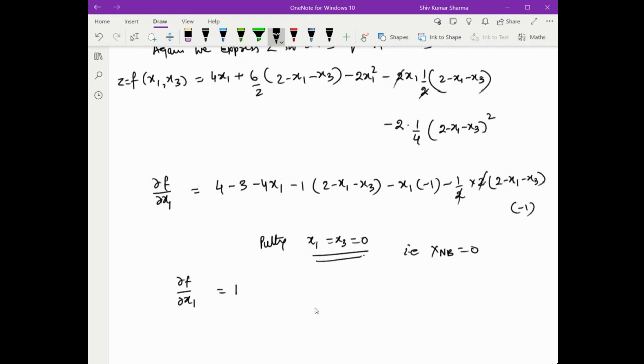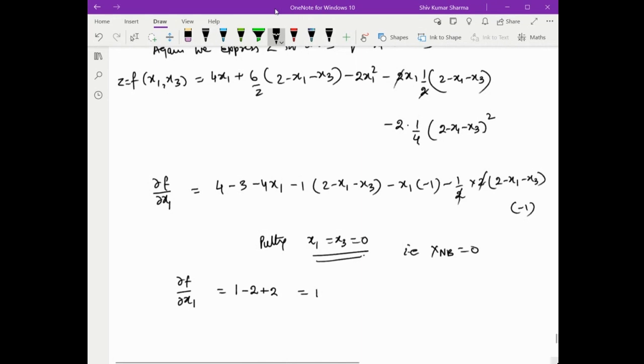When we put x equal to 0, this gives us 0, and both are 0 gives us minus 2 here. This one is 0, and minus minus becomes plus 2. So that gives us the value 1.